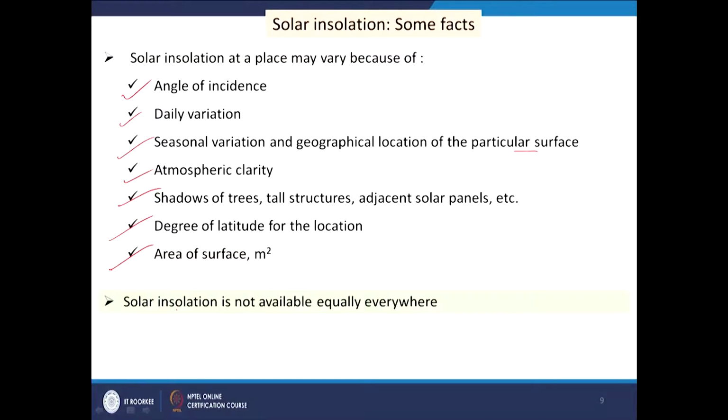What surface we are considering for collecting the solar radiation will also influence it. Solar insolation is not available equally everywhere in the world, because all those factors are not equal, they are variable. That is why solar insolation is also different from place to place.